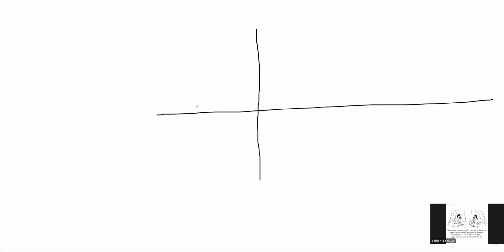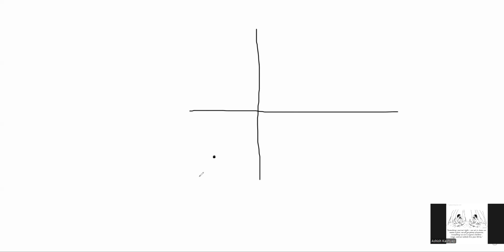One circle has center at 1 comma 1, and one circle has center at minus 1 comma minus 1. So basically the centers lie on the line y is equal to x, and it's almost like S1 and S2 are reflections of each other about the origin.